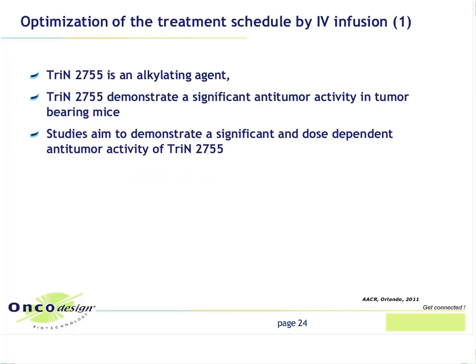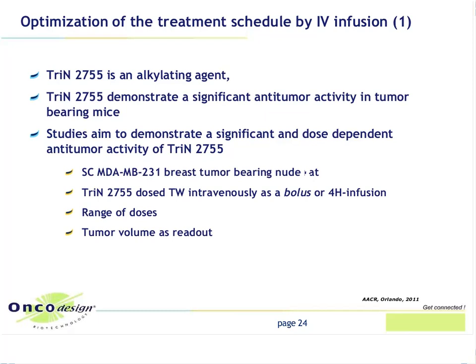The drug demonstrated previously significant anti-tumor activity in tumor-bearing mice when dosed IP. And the aim of the study here was to demonstrate a significant and dose-dependent anti-tumor activity of the drug after IV infusion dosing.